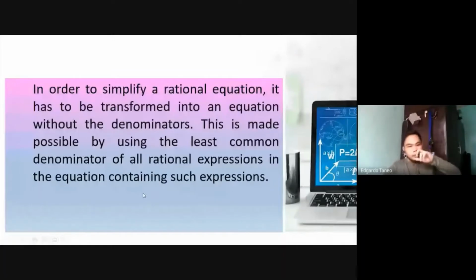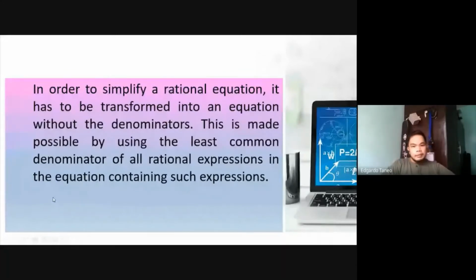So para ma-transform natin yung rational algebraic equation into quadratic, kailangan matanggal yung denominator. Paano matatanggal? Gagamitin natin yung least common denominator ng lahat ng rational expression sa loob ng equation.